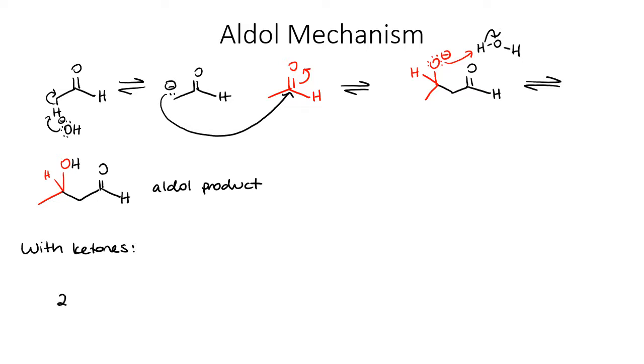So if we take two ketones, such as acetone, and try and form our aldol product, which would look something like this, the equilibrium actually does not favor the formation of the aldol product. And that's because of the steric hindrance involved when the enolate ketone is trying to attack the carbonyl of the second ketone. So because of this, we actually cannot form the aldol product as it is.